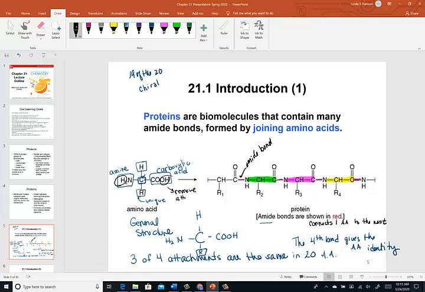Remove a water, one of the hydrogens here with an OH here, see the HOH? That sets up the connection for the nitrogen from one amino acid to bond to the carbonyl group of the other amino acid. That bond that joins one amino acid to the next is known as an amide bond, from the nitrogen group. You'll also hear it called a peptide bond.